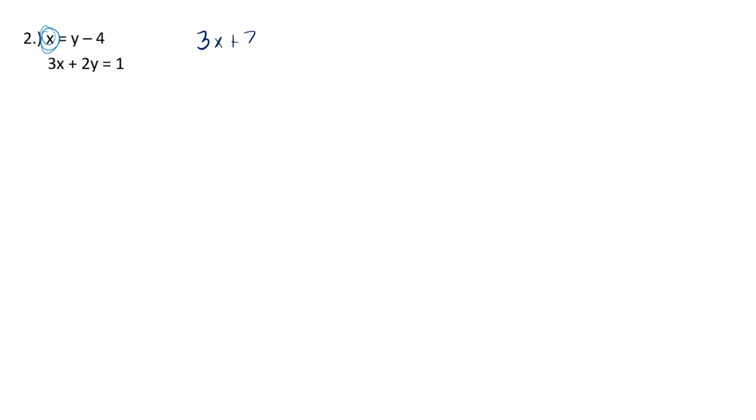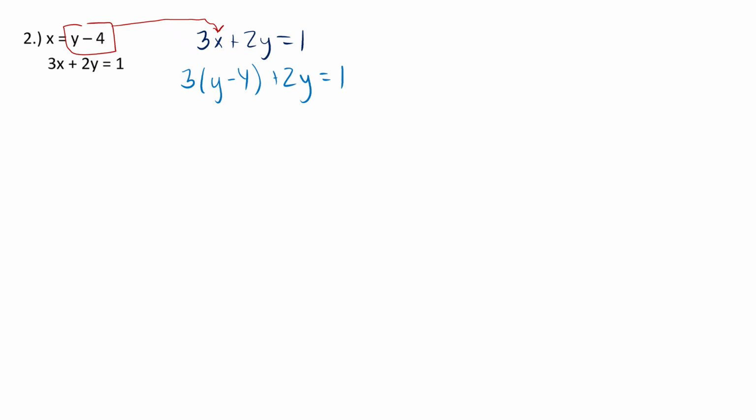All right, now I won't do the color coding on this, but I will draw a little arrow to show us what we're doing here. We are going to take out that x right there and replace it with the expression y minus 4. And so right underneath it, there we go.